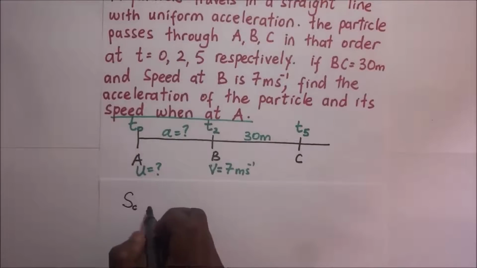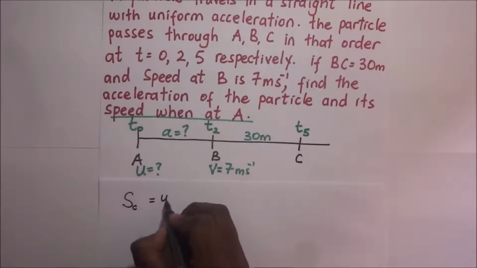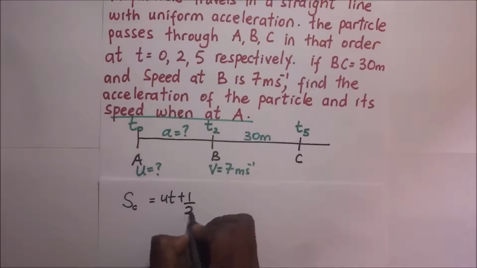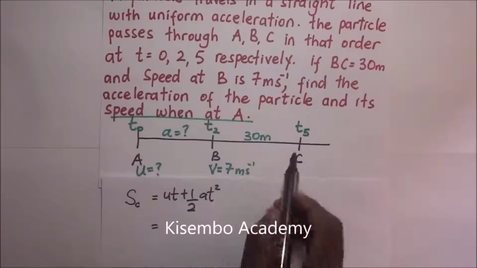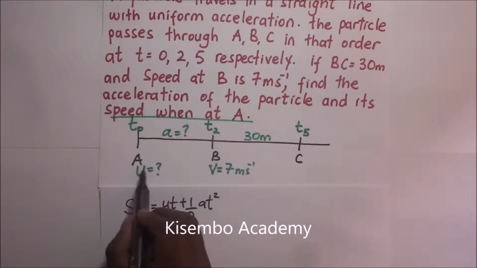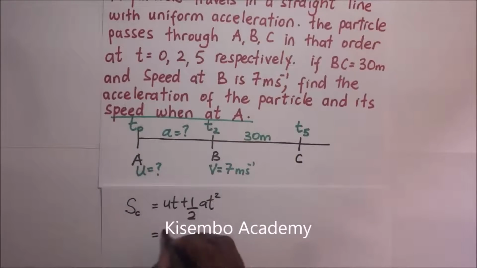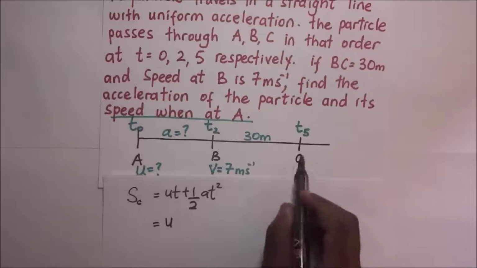SC is going to be given by, of course, UT plus a half AT squared. The initial velocity we do not know, so we shall call it U, times the time.